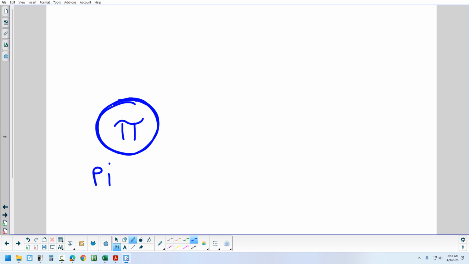All right, it has something to do with the circumference of a circle. Can you be more specific? What number? 3.14. Yeah. So when we write pi in math, it is a Greek letter, but in math, we don't use that as a letter. It stands for the number 3.1415926, and it keeps going.